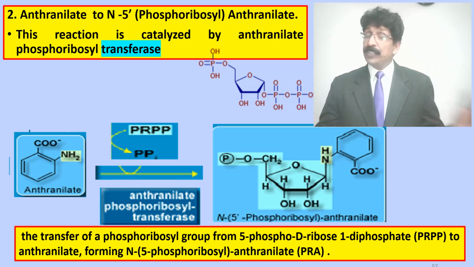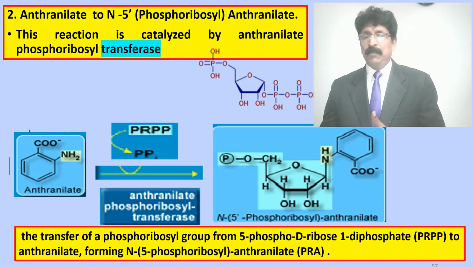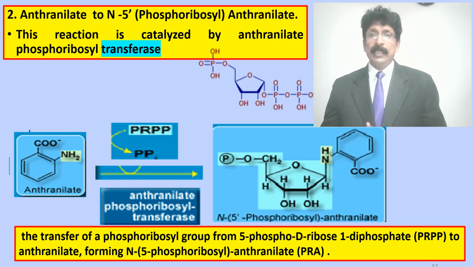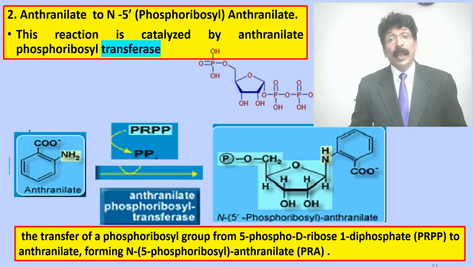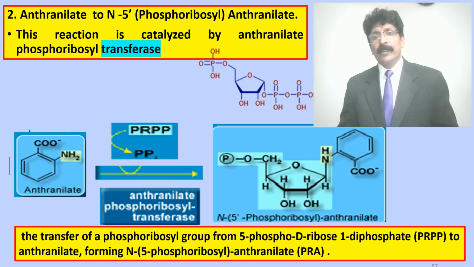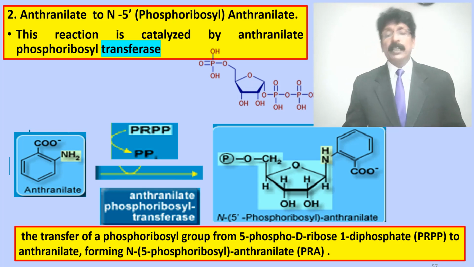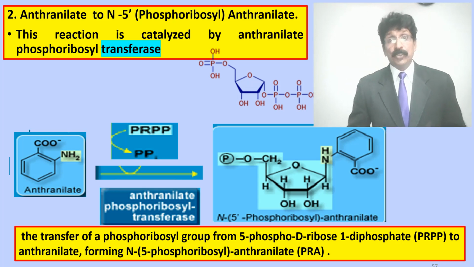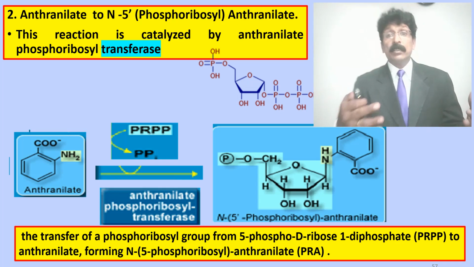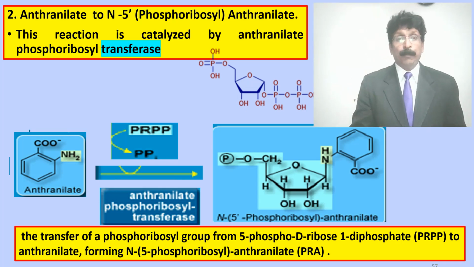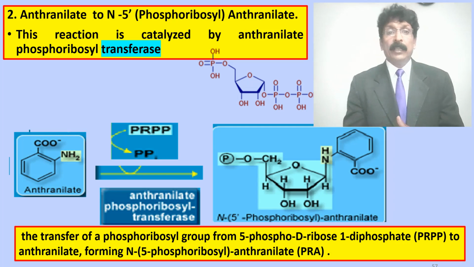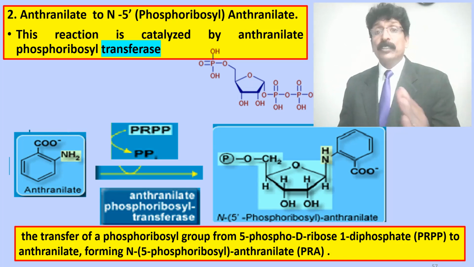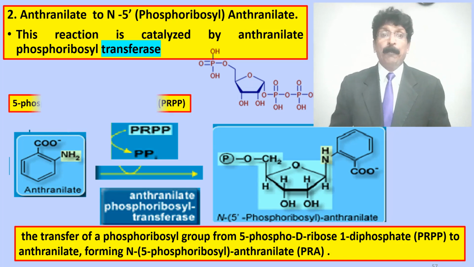You might have seen that glucose is a 6-membered monosaccharide. This is a tetrose. So you can see that is a ribosyl, not ribulose, ribosyl. So anthranilic acid is added with a phosphoribosyl pyrophosphate, PRPP.